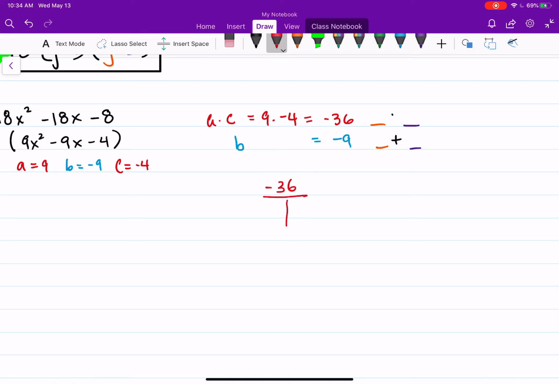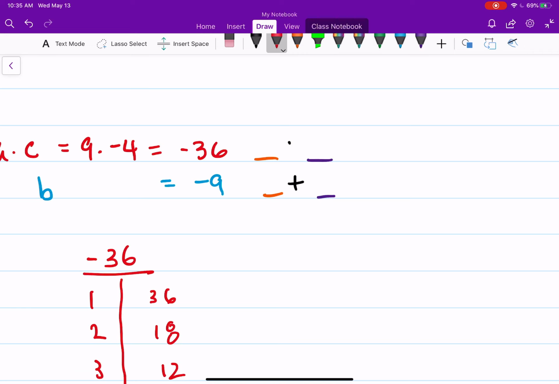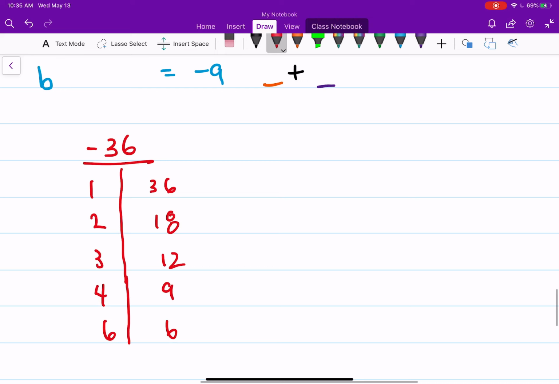If you're not sure, I can always come down here and go, okay, negative 36 is what I want. So I want to do 1 times 36, 2 times 18, 3 times 12, 4 times 9, and 6 times 6, okay? In order for me to add 2 numbers to get negative 9, the larger number has to be negative.